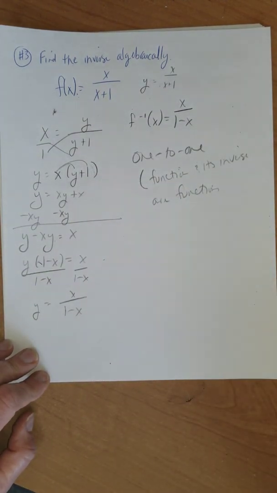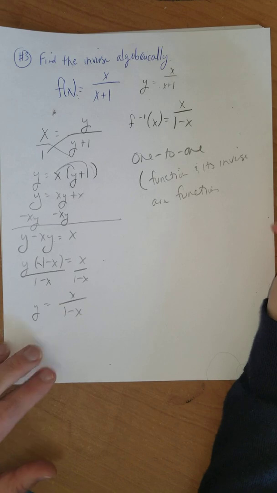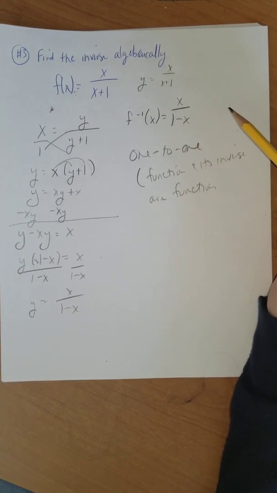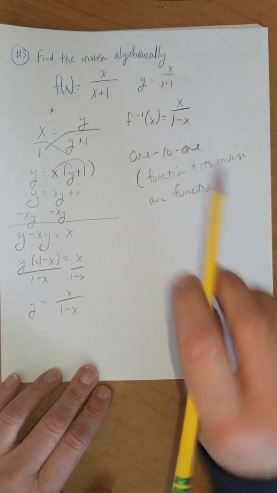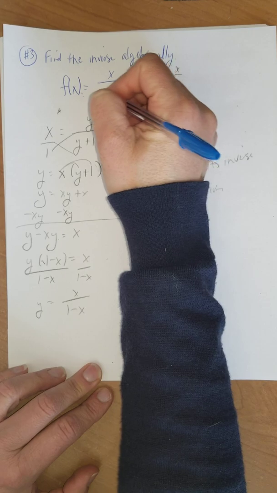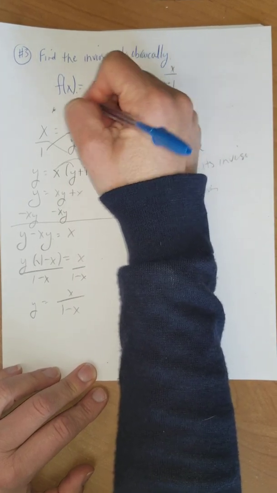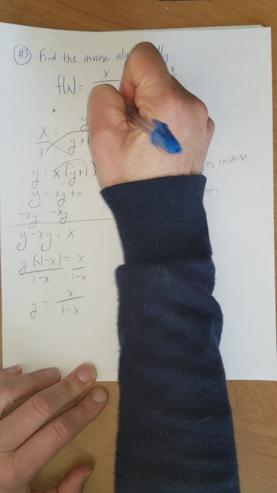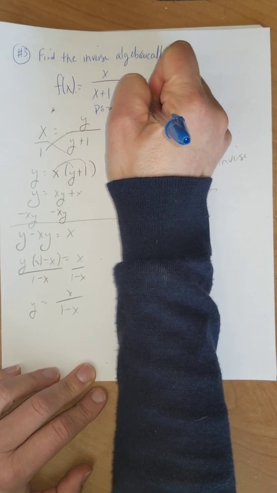Now, this one also has a break in its domain. In the original function, your domain could be any number but -1, because -1 makes the denominator 0. So the domain is -infinity to -1 in union with -1 to infinity.